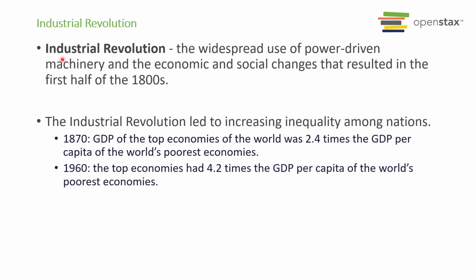So speaking of the Industrial Revolution, the definition of this is the widespread use of power-driven machinery and the economic and social changes that resulted in the first half of the 1800s.